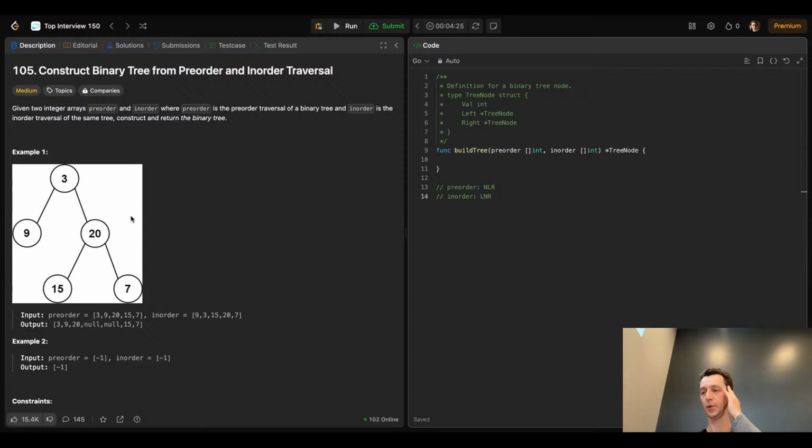Yeah, so that's what those are. Inorder is we start here, left, node, right.